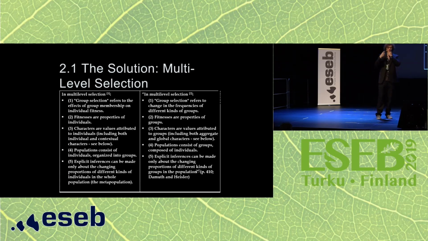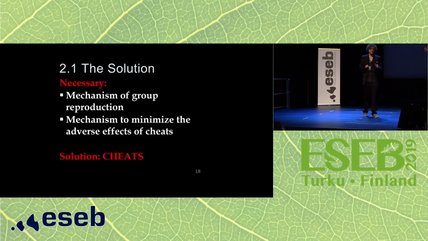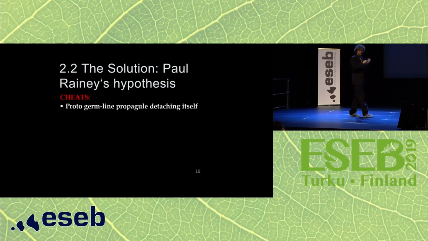Now, what needs to happen, however, if we want to move from one level of selection to another, is that we need to decouple fitness, an idea by Michod. So we need to move from multi-level selection 1 to multi-level selection 2. But how can this happen? Paul Rainey here introduces this idea that cheats could serve as a sort of proto-germline propagule that is able to detach itself. Why?